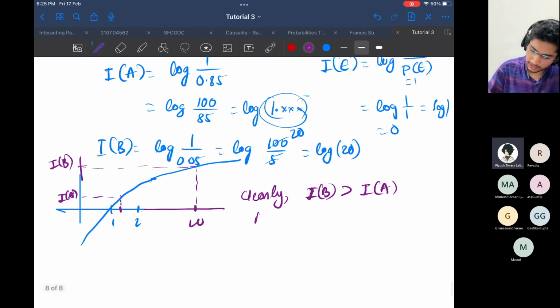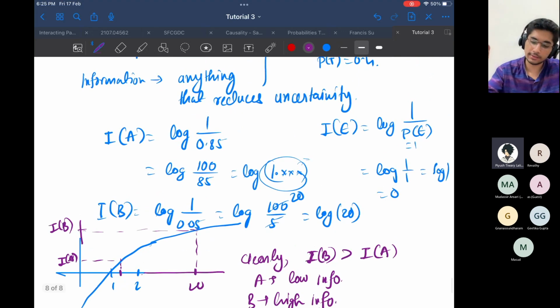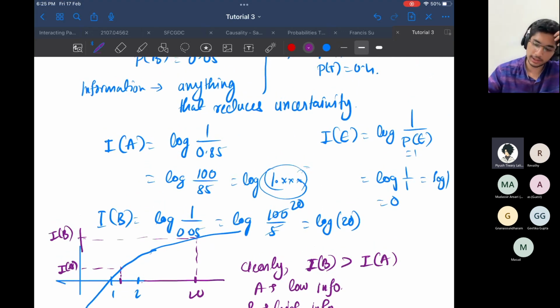What does it mean? A has low information, and B has high information. In particular, whenever the probability of an event is low, it has high information. I hope it is clear from this formula. When the denominator is low, this entire term will be high.